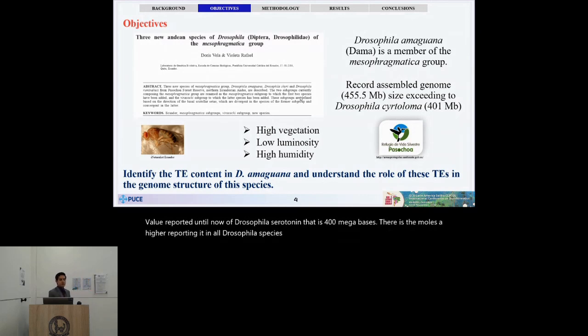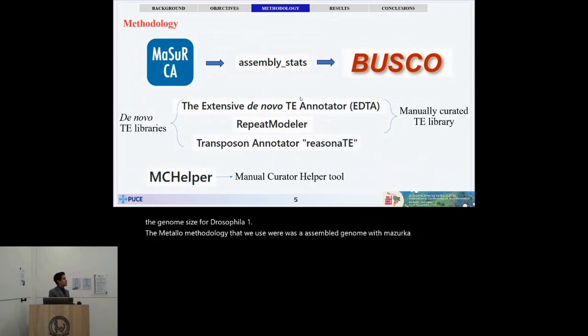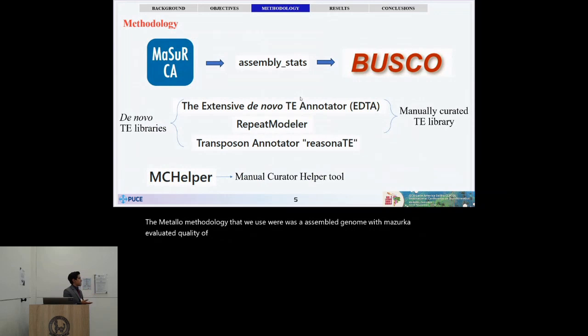With this, we will try to identify the TE content in Drosophila amaguana and try to understand what is the role of these TEs in the contribution to the genome size of Drosophila amaguana. The methodology that we used was to assemble the genome with MaSuRCA, evaluate the quality or metrics of the assembled genome with a Python script called AssemblyStats, and then use BUSCO.